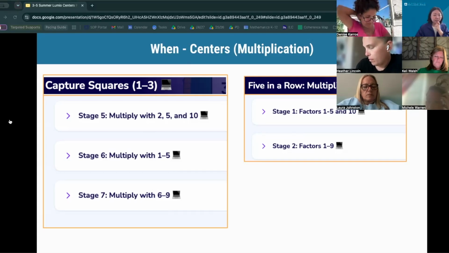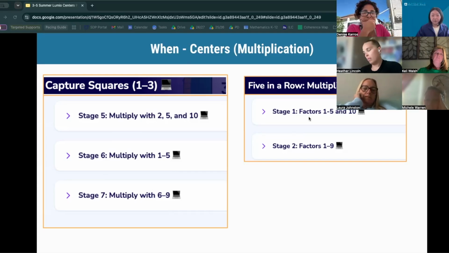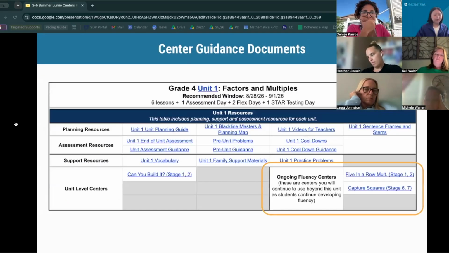Another place that you can look, because I know on our coordinate plane warm up, some of you today it's the first time you're thinking about centers. So you might be wondering, well, are these the only two centers that will build fluency? Another place for you to look at, like where can I find more fluency centers, is our pacing guide.